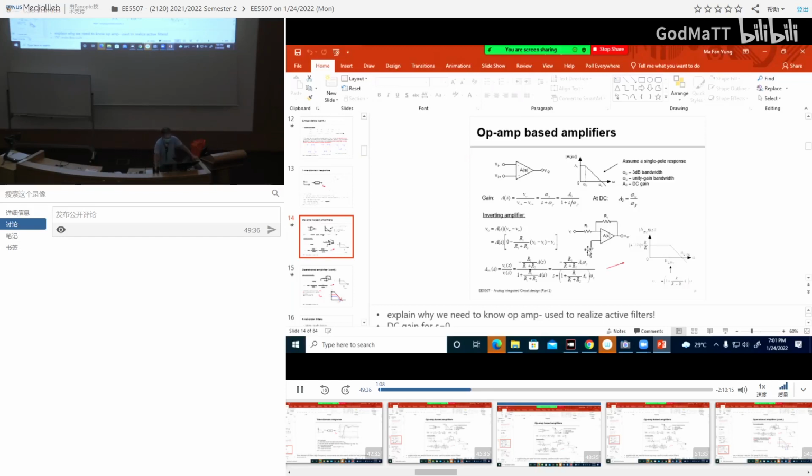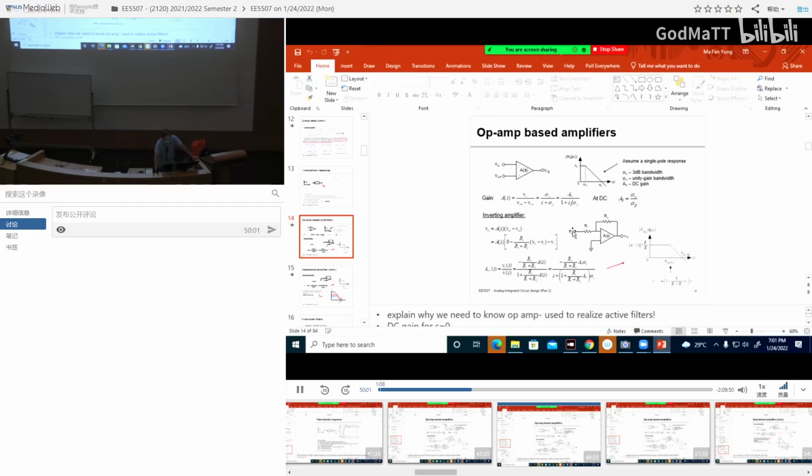Why do we come to this result? Because this output is a finite voltage. And if the op-amp gain is infinite, it means there must be zero voltage across the input. That's why we say this is a virtual ground. That means this voltage is equal to this voltage, so this now is ground.